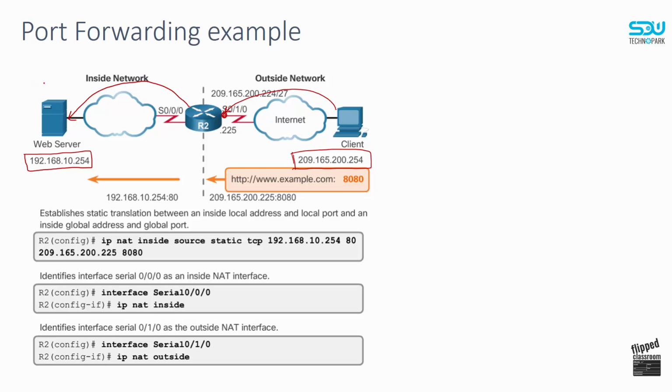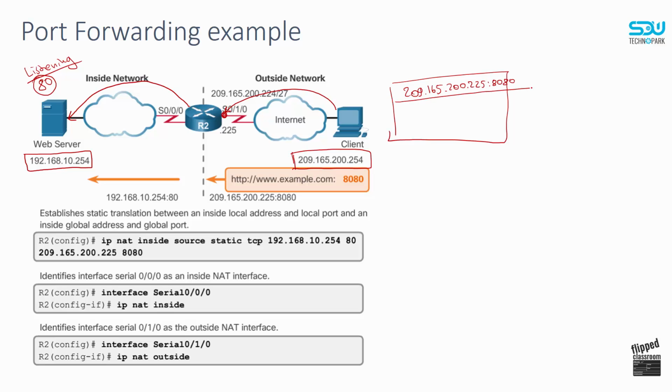As you know, we have a web server listening on port number 80, and we can open the web browser, and in the web browser we can type an IP address like 209.165.200.225, and then after the colon we can place the port number 8080, for example.